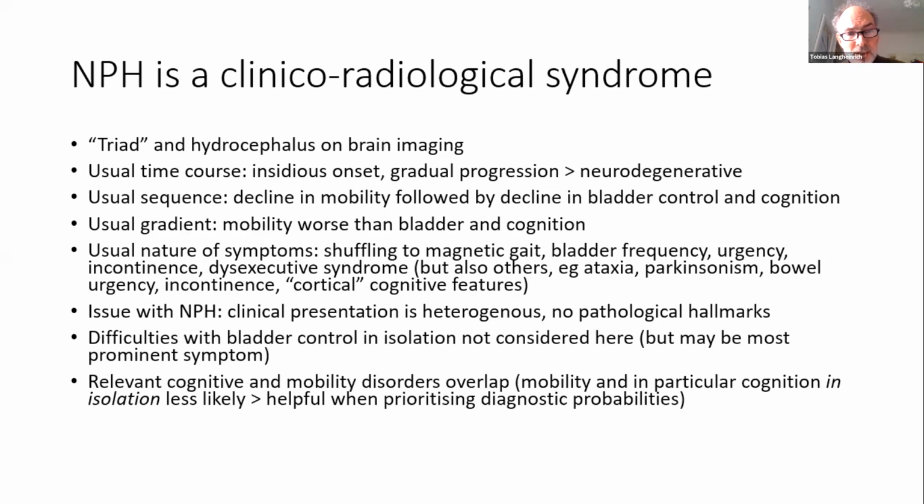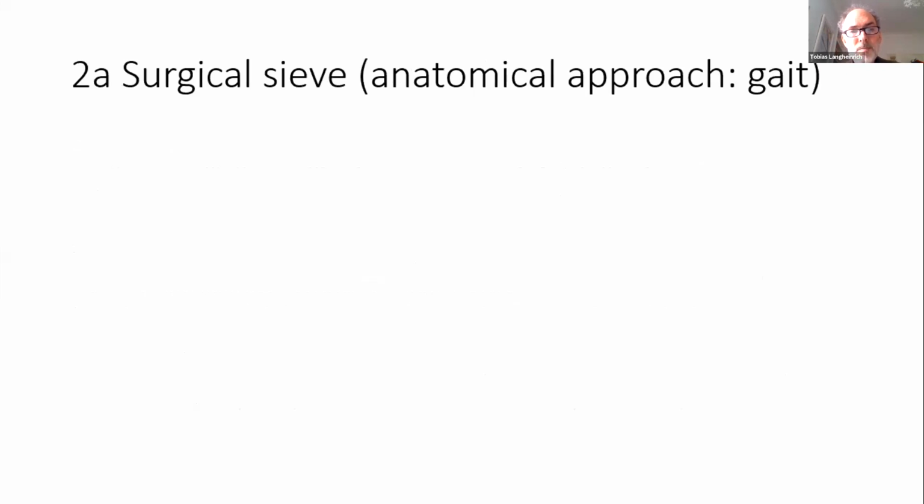The relevant differential diagnoses that are cognitive and affecting mobility in fact overlap. However, still, as I said before, mobility in isolation, but in particular cognition in isolation, is actually much less likely to be normal pressure hydrocephalus. And that's helpful when you prioritize your diagnostic probabilities.